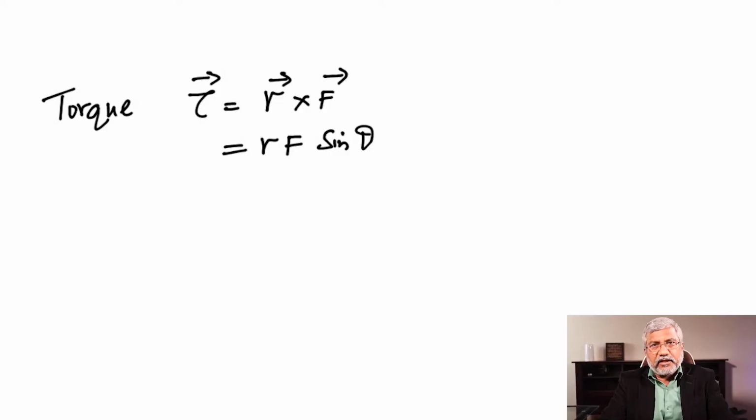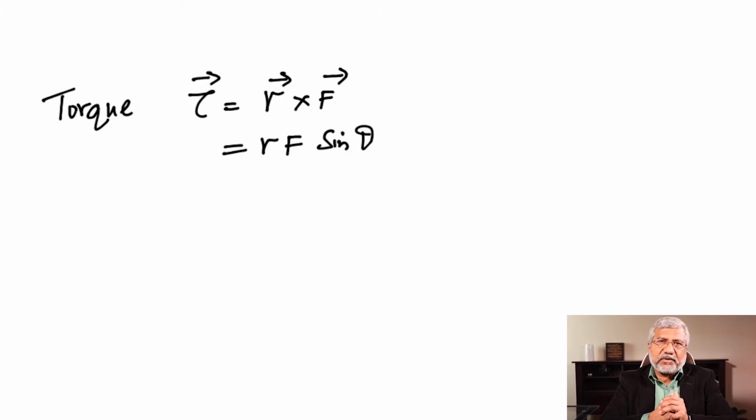All right, next what we have is a general discussion of torque. I already told you that torque is force multiplied by the perpendicular distance. But it's better to take it as the cross product of R and F, which obviously becomes RF sine theta, because the cross product of two vectors is the product of their magnitudes times the sine of the angle between the vectors, see?